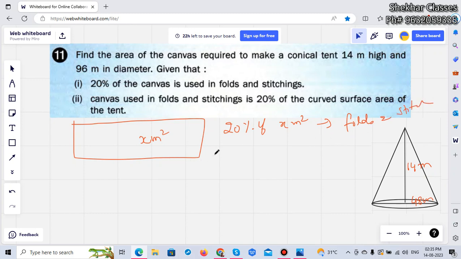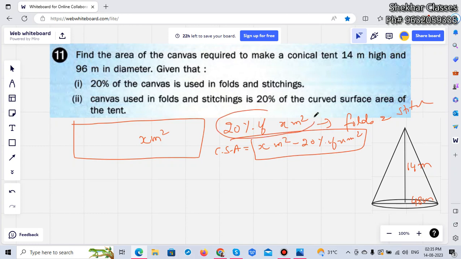So how much is the curved surface area of the cone? It will be X meter square minus 20% of X meter square. Whatever is left will make the curved surface area, right?